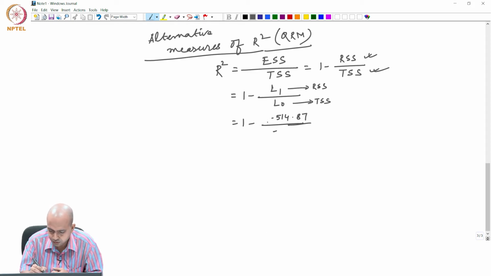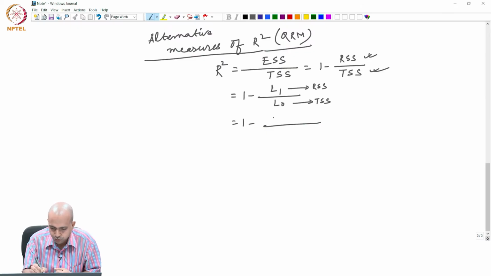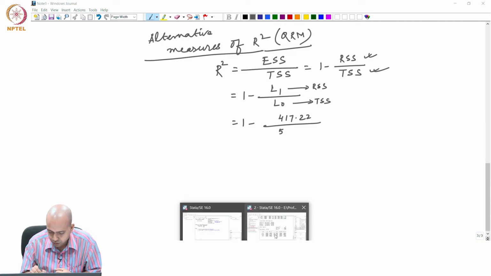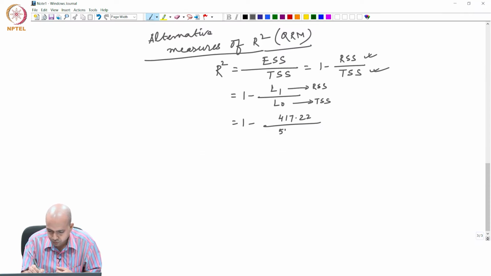This is L1. What is L1? L1 is this. Since both are minus, minus minus will get cancelled: 417.22, and then this is 514.87.